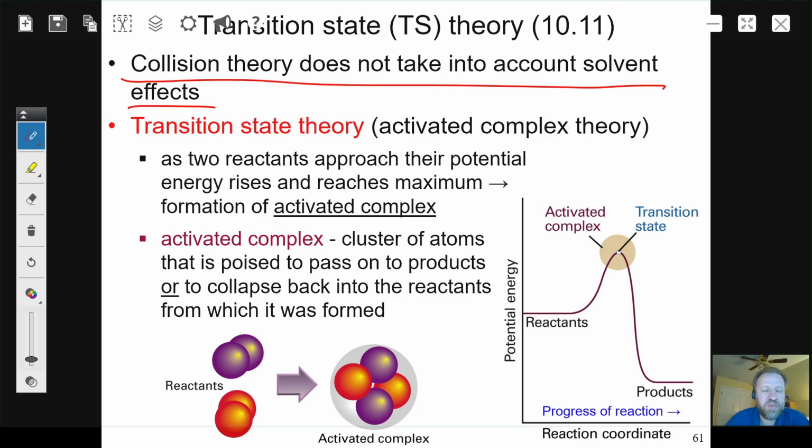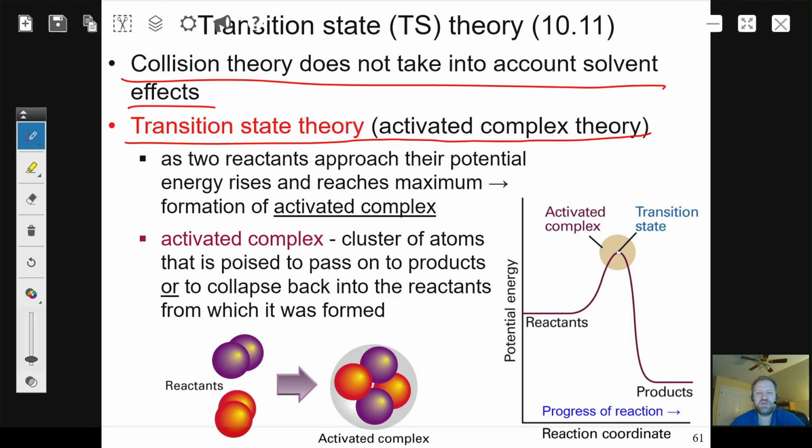So a new, much more sophisticated, but much more universal, much more widely applicable theory has since been developed, and that theory is known as transition state theory or activated complex theory.